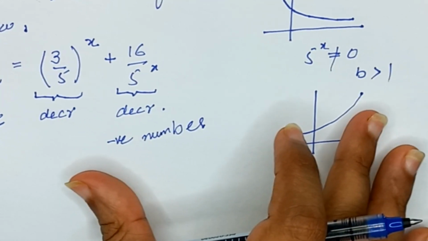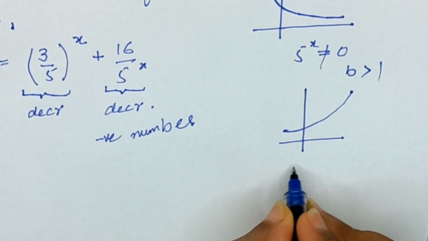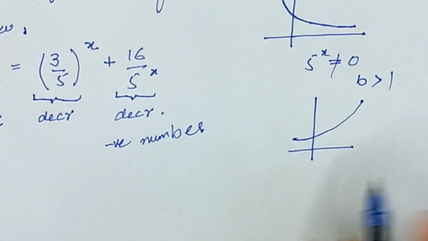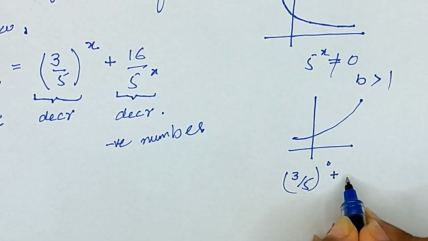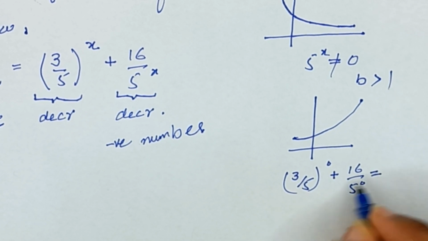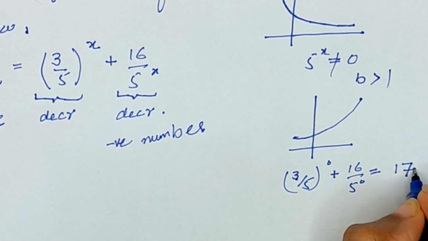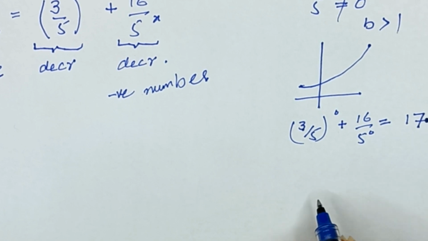Now if we put x equal to 0, it will become 3 divided by 5 raised to the power 0 plus 16 divided by 5 raised to the power 0. So it will give us 1 plus 16, which is equal to 17. Now let's try to draw a graph here.